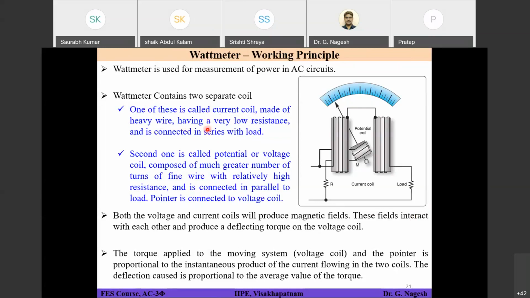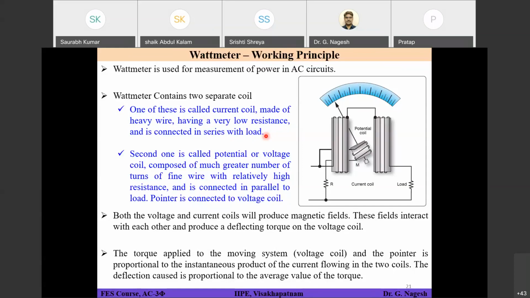So the area of cross section of this current coil should be sufficient to carry that load current. They will design it in such a fashion. It will have low resistance and is connected in series with the load. Since it is connected in series, it has to carry the load current, so based on the load, its cross-sectional area or current carrying capacity needs to be designed.